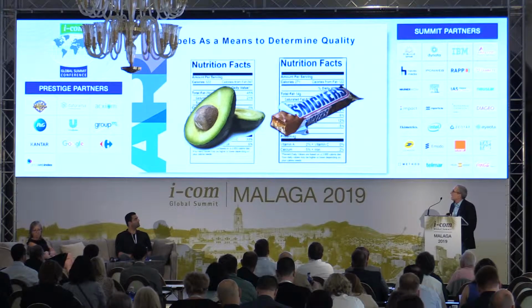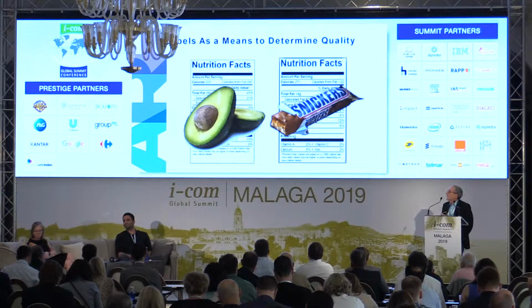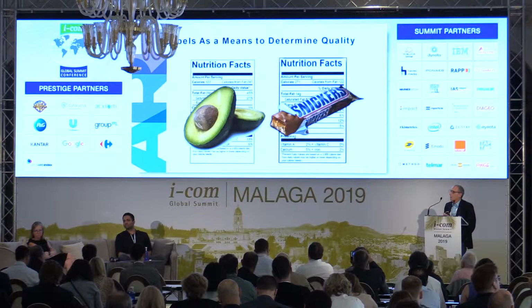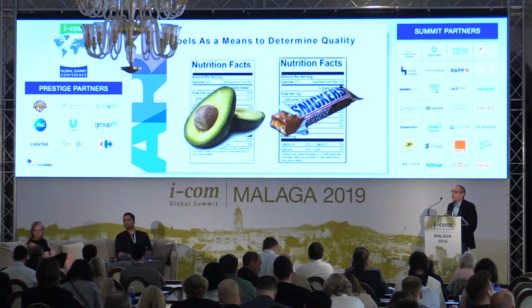If you look at the nutrition here on the avocado, 322 calories, 247 of which come from fat, might sound like the worst dietary choice compared to the Snickers bar, which is lower in calorie and lower in fat, but maybe not as healthy for you to eat.